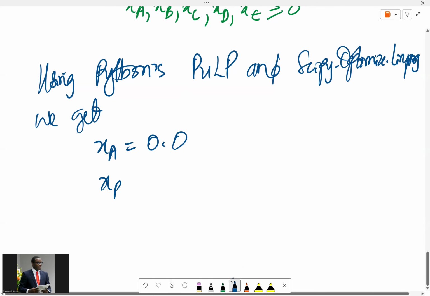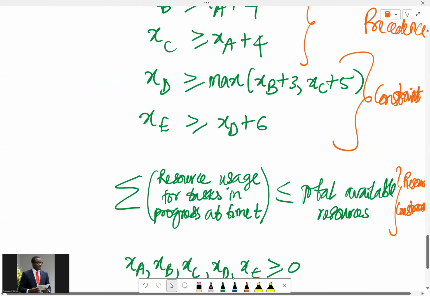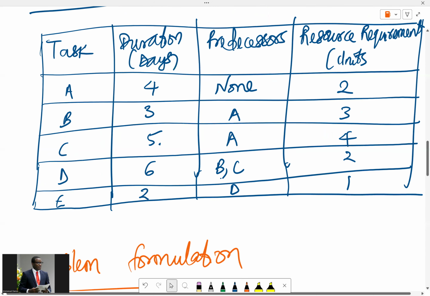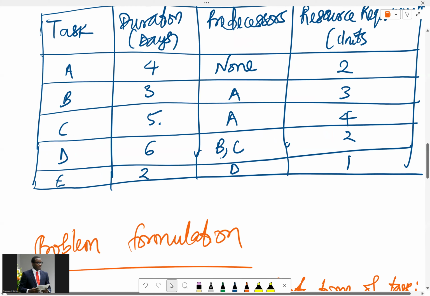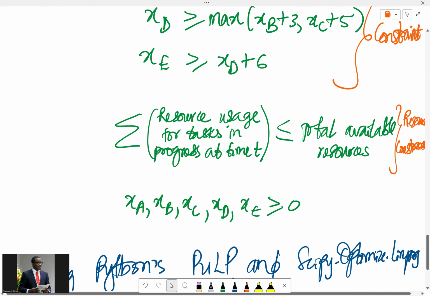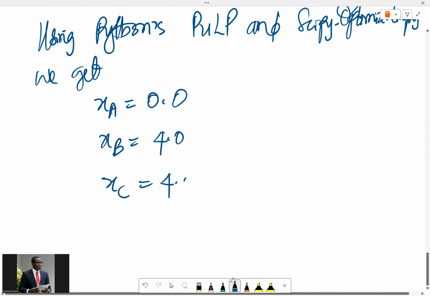Then XB is 4.0 days. Of course, for obvious reasons, you only start task B after 4 days have been spent on task A. Then task C is also 4, because task C can be done after task A has been completed. It only depends on A.